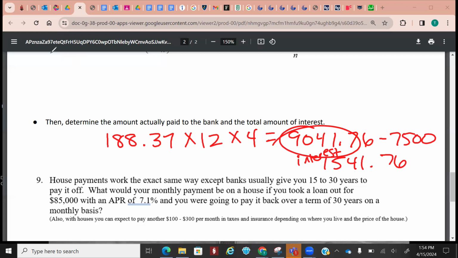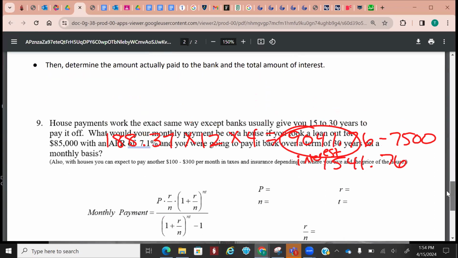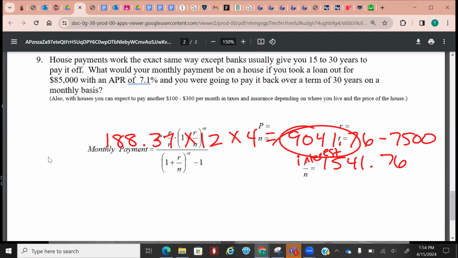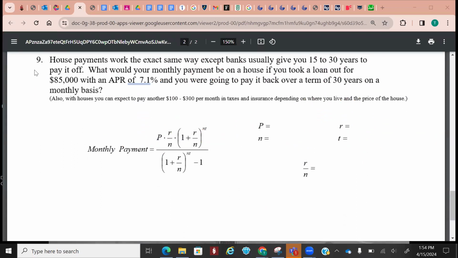Okay. So house payments work the exact same way, except banks usually give you 15 to 30 years to pay it off. So what would your monthly payment be on a house if you could take out a loan for $85,000? Our principal is 85,000. Then we convert the rate, so that's 0.071, and we're doing it for 30 years, every month.